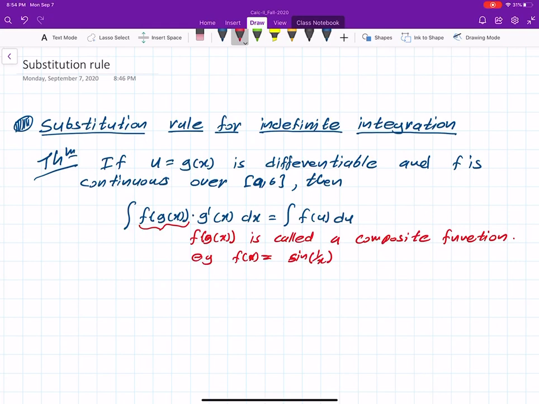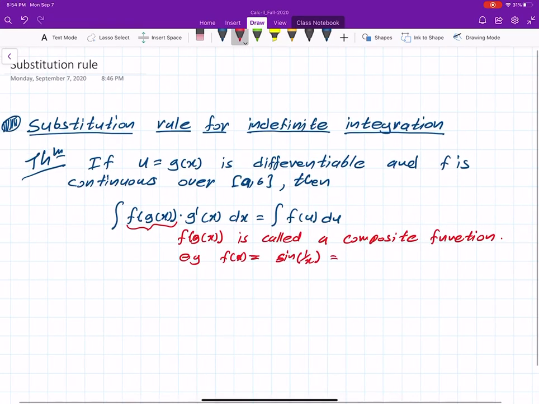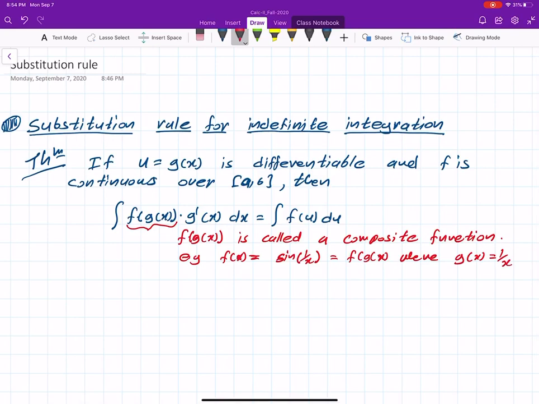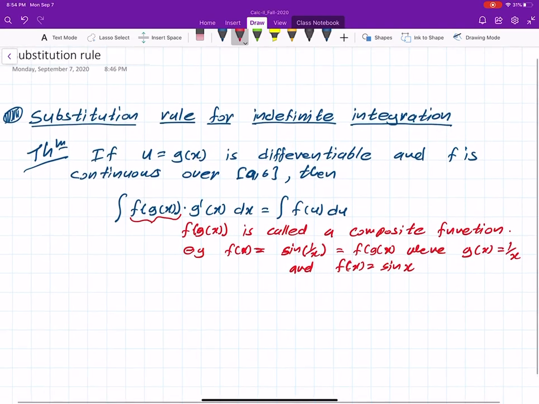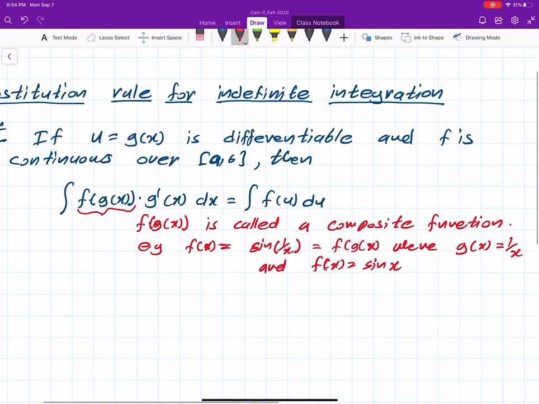Somebody can write this as f of g of x, where g of x equals 1 over x and f of x equals sine x. There are two functions here. You have the outer function, which is sine x, and the inner function is 1 over x.